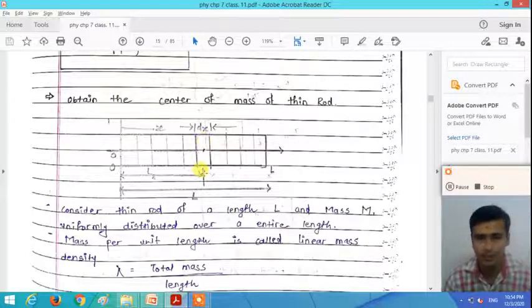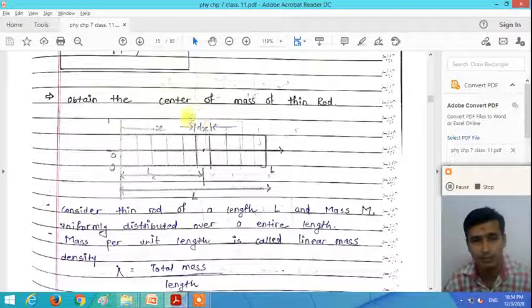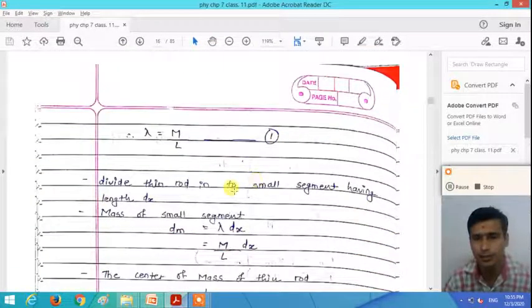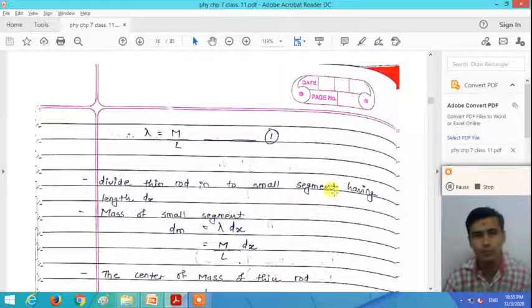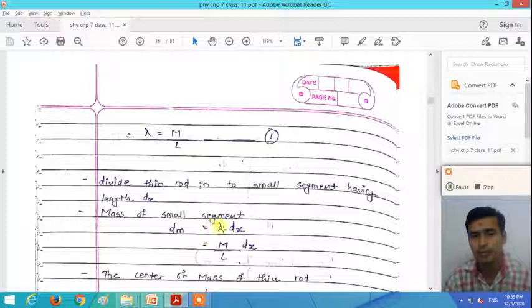The mass per unit length is lambda, or M by L. So the mass of the small segment dm is equal to lambda into dx.